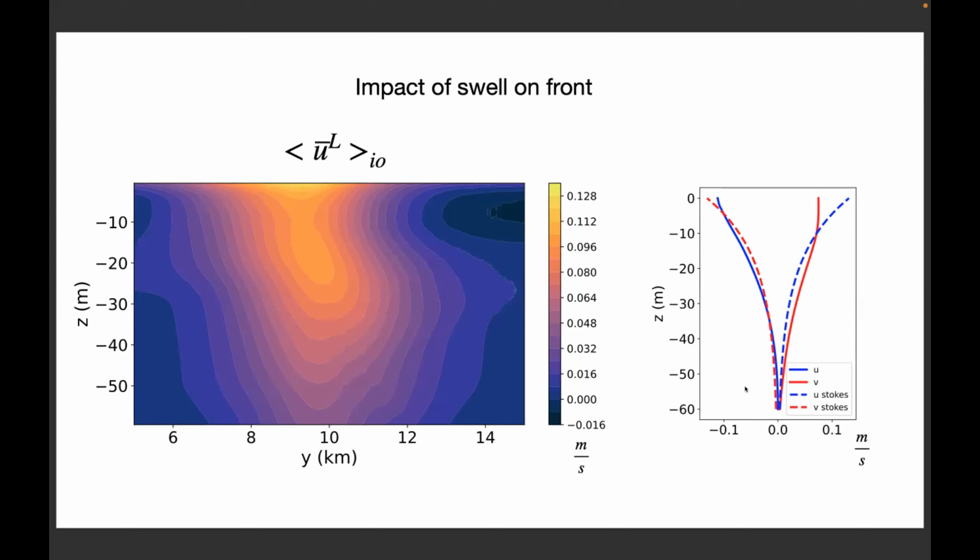Vertically integrated, they cancel each other out, but as said in the beginning, the anti-Stokes flow is vertically mixed, so that we have no vertically integrated mass transport, but we have a kind of overturning. The Stokes drift is always larger at the surface, and in deeper oceans, the anti-Stokes flow is deeper. That leads to this tilting of the front and also to this subsurface maximum.